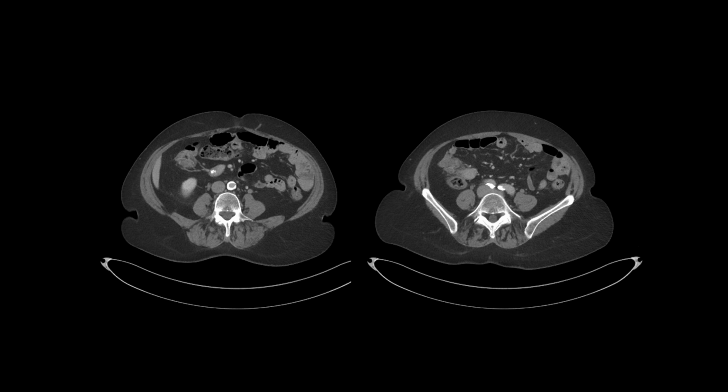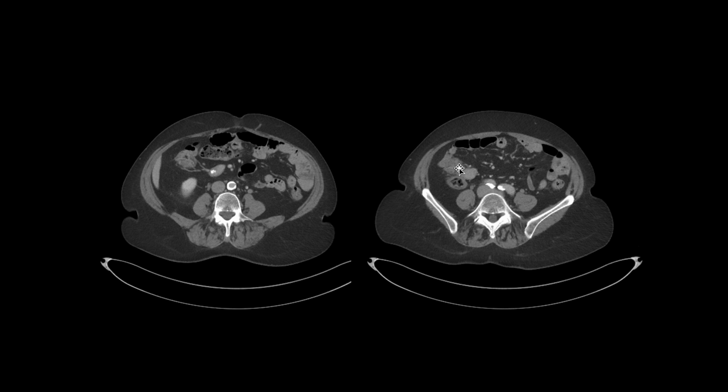Our next patient is an adult patient who presented with abdominal pain, and they were found to have this calcified mesenteric lymph node. Although there is no desmoplastic or fibrotic reaction around it, this raised the suspicion that this could be a neuroendocrine tumor metastasis.